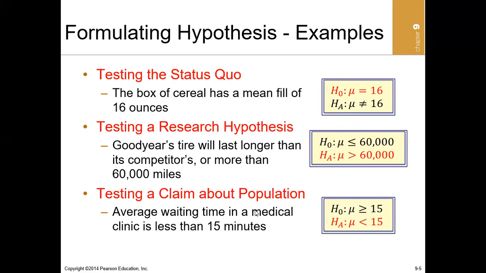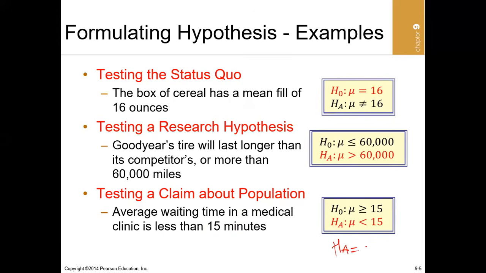All right, so here, as I said, if we claim that the average waiting time in a medical clinic is less than 15 minutes, what it means is that that is a claim. So we usually write the claim in the alternative.